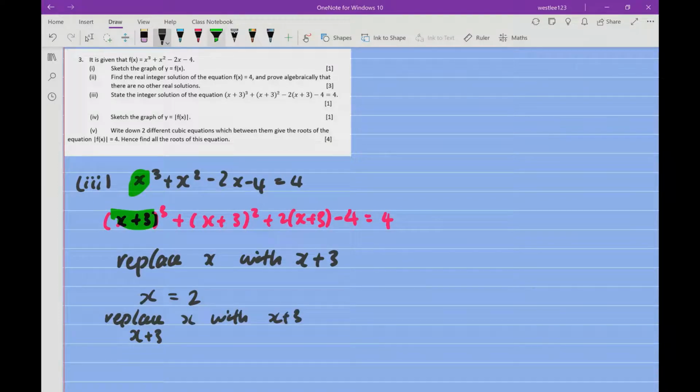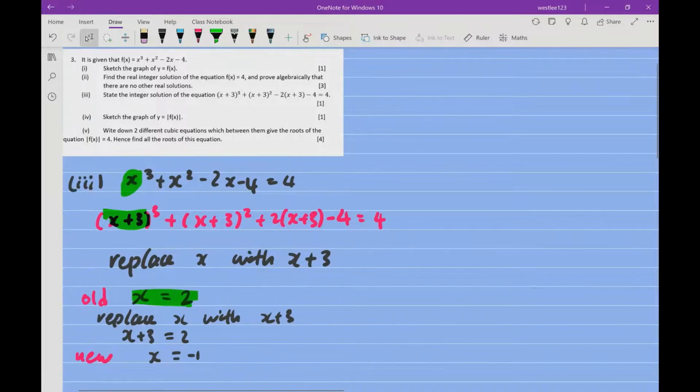So when you replace x with x plus 3, the new x is actually -1, correct?